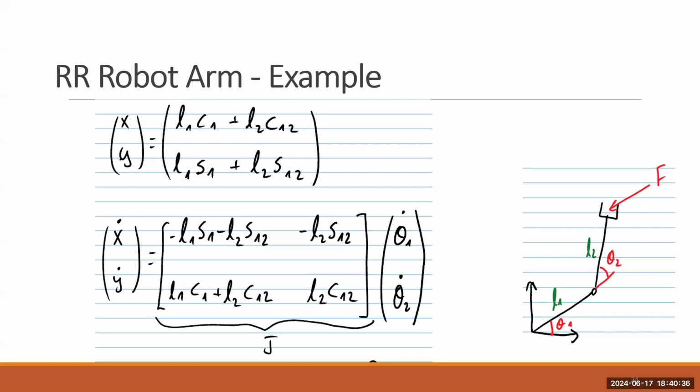And therefore we have the velocity of the end effector, and here the velocity of each joint, θ1 dot and θ2 dot. So this is the Jacobian, we saw this before.